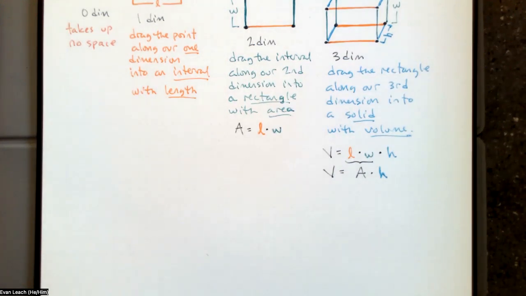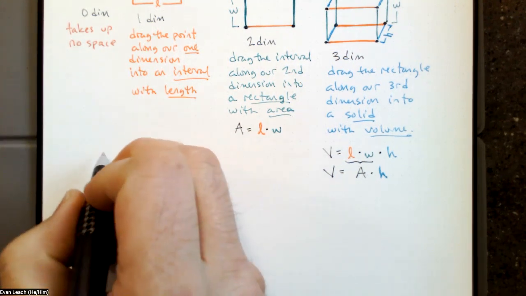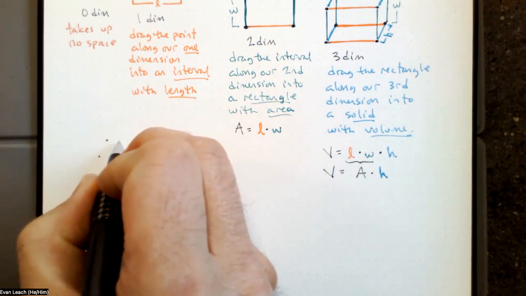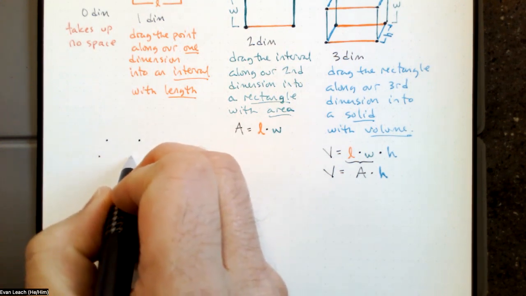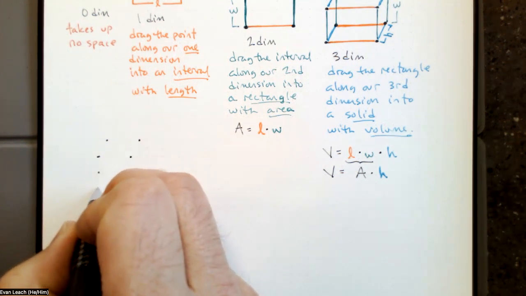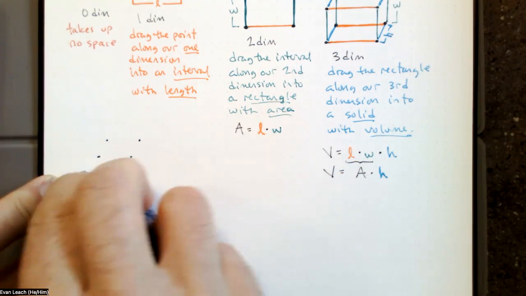But the traditional way of taking this into a 4-dimensional hypersolid is just to grab each of our corners. I can't have extra spots.